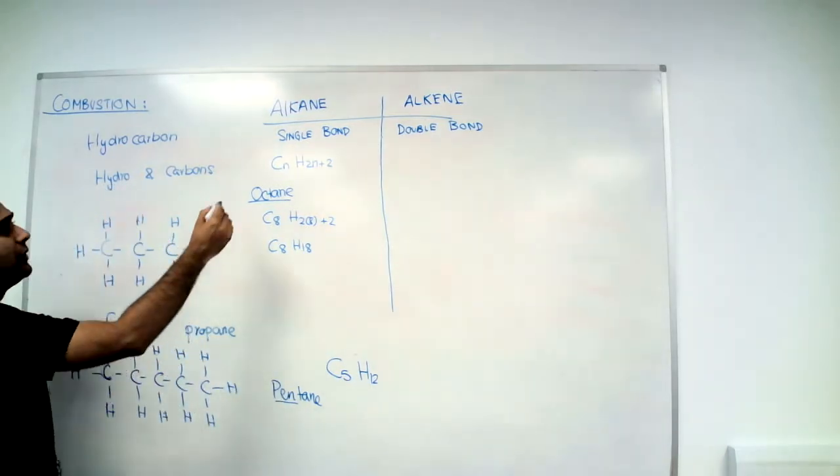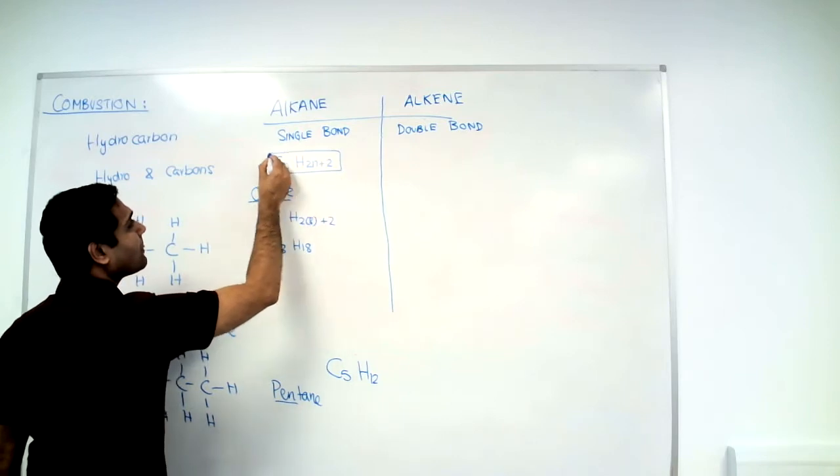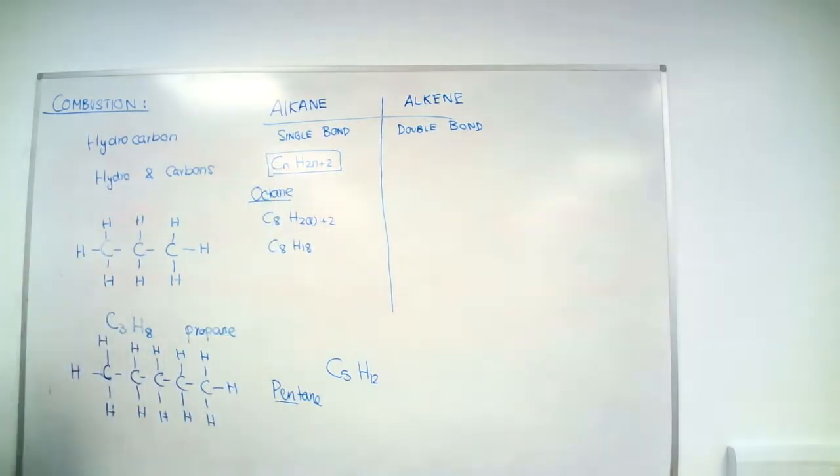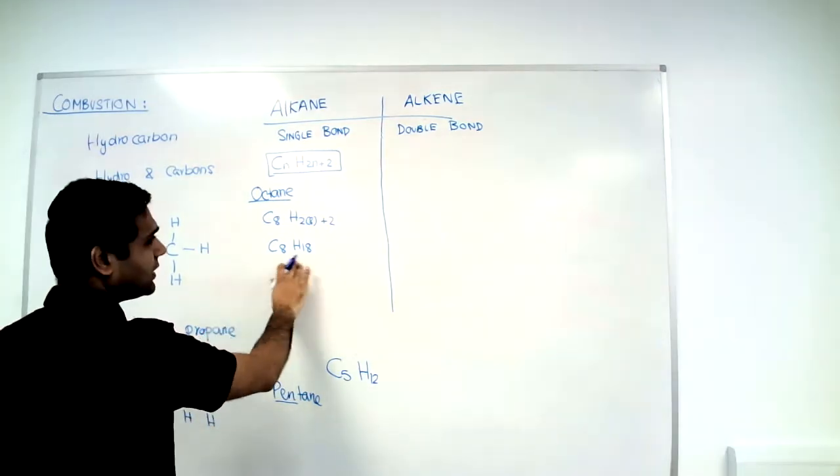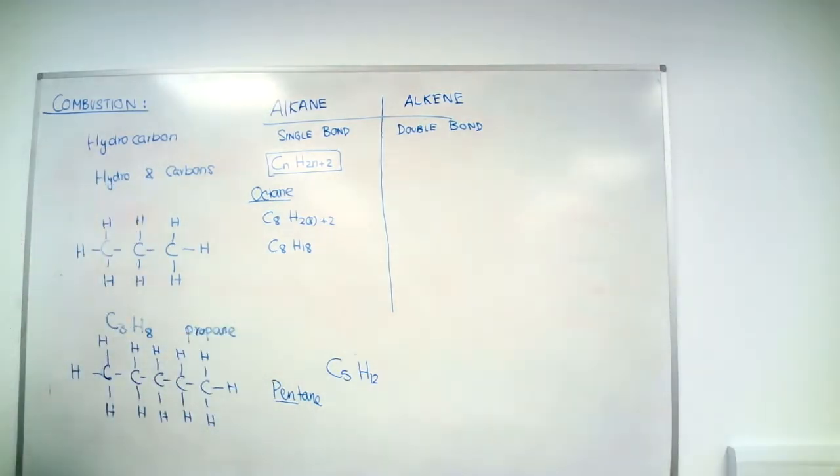So this is the general formula. The one you use as high octane petrol in your car, that's the formula, C8H18.